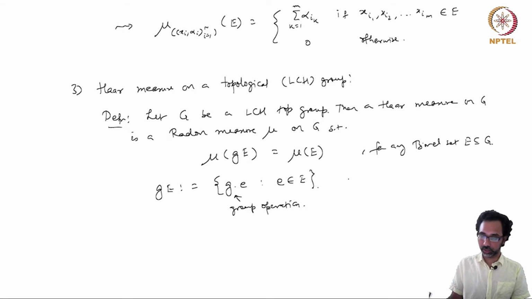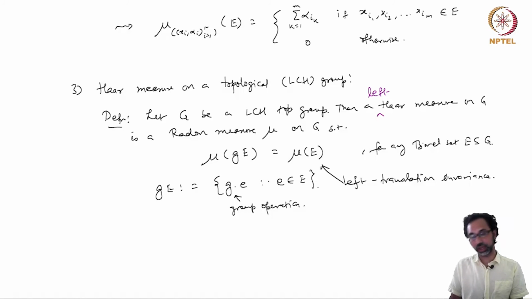So this is called the left translation invariance property, and in fact this is what's called a left Haar measure. So you could also have the right Haar measure where G acts on the right, and you could also ask for both, but it is rare.